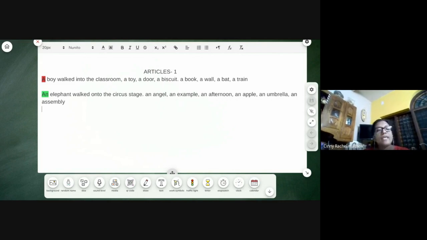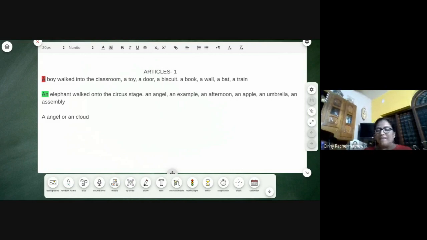So we cannot say a angel or an cloud. This you would understand, right? So a cannot be used with a vowel sound, nor can an be used with a noun beginning with a consonant sound.